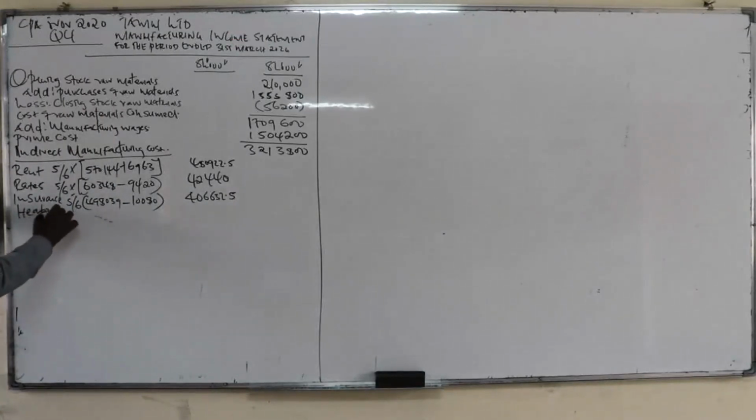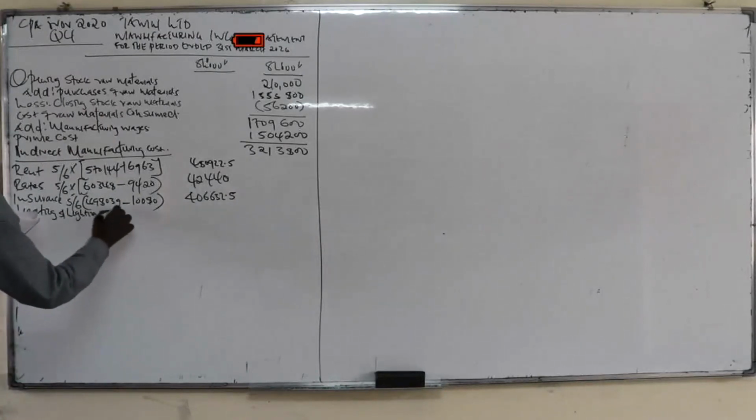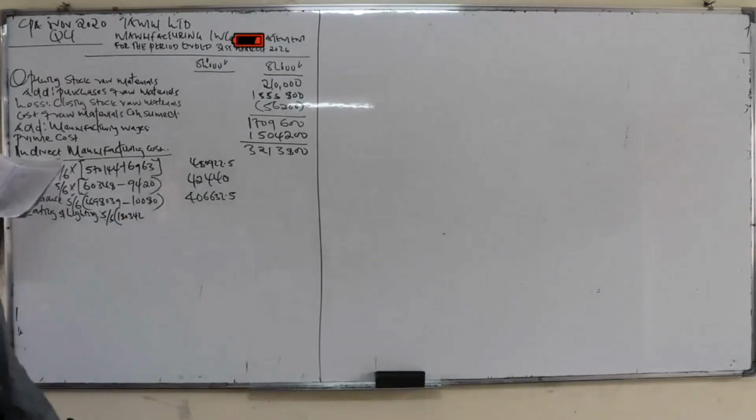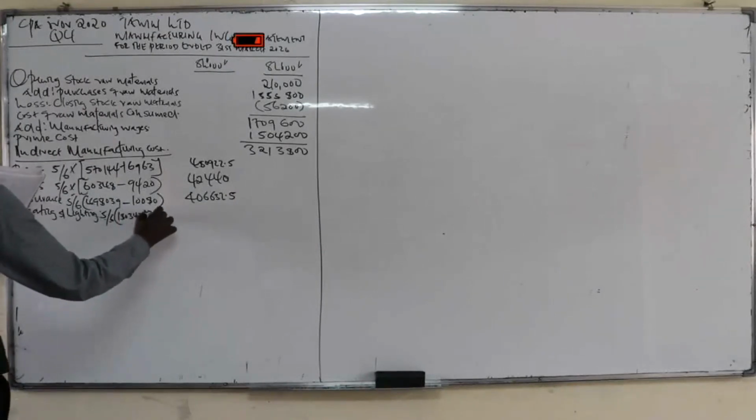Heating and lighting. Heating and lighting, the one that is paid in the trial balance, how much? 180. 5 out of 6, 180,342. And then we add 36,42.